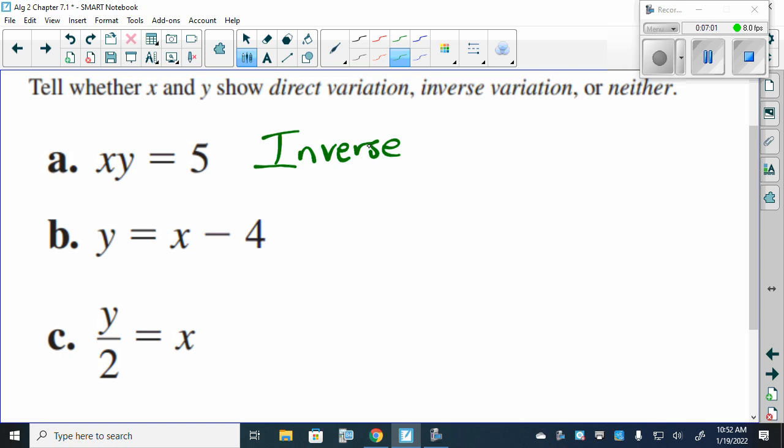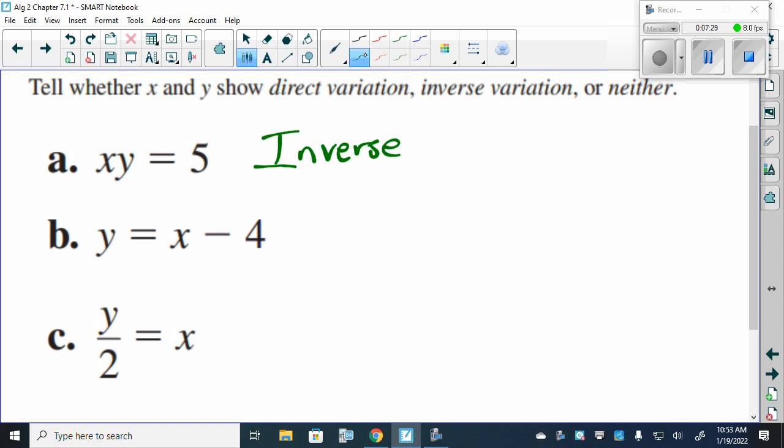Because if we look at the forms that direct and inverse come in, direct is either going to be in the form of y equals a times x, or a is equal to y divided by x. Well, this here is neither one of those two forms. If we look at inverse, the inverse equation, y is equal to a divided by x, well, that's not it. Or it can be in the form of x times y, or y times x equals a, and that is the form here.